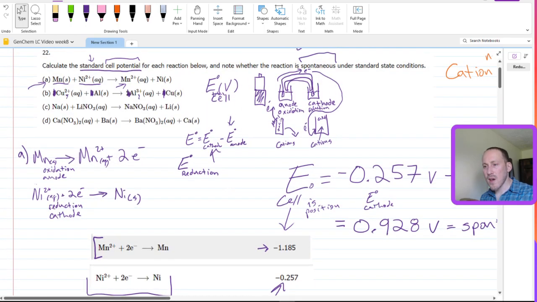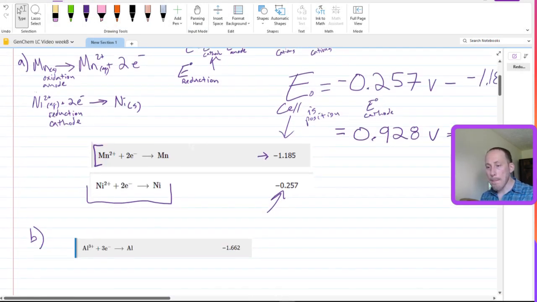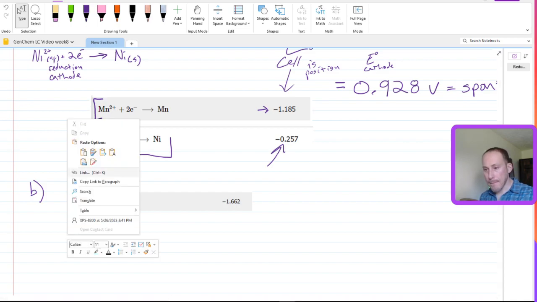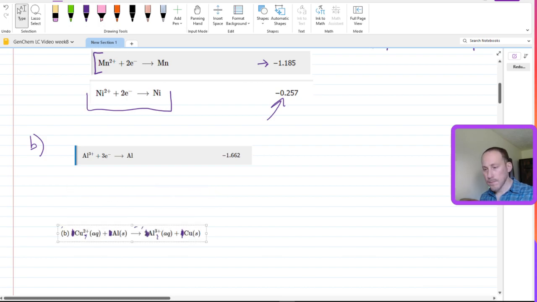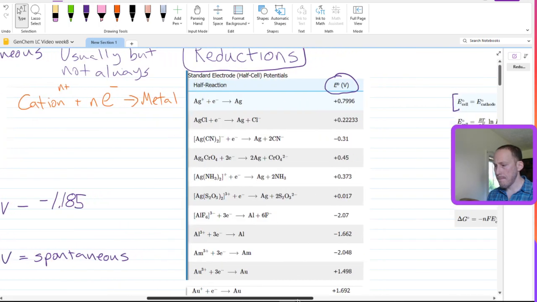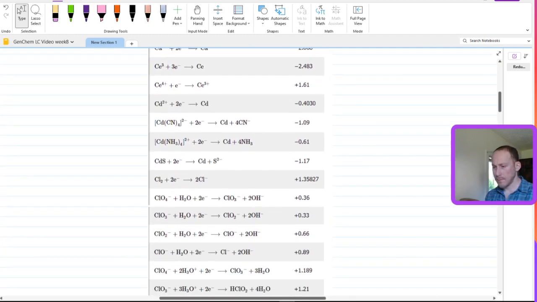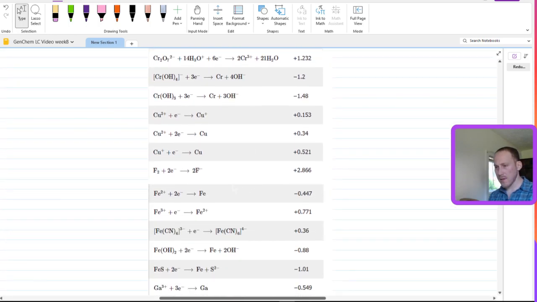And then we've got, grab this and move it down here. Copper 2. Here we go. So this is a good example that there are 3 different copper reactions here.